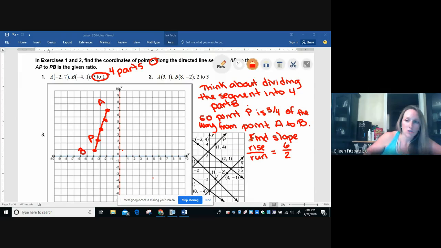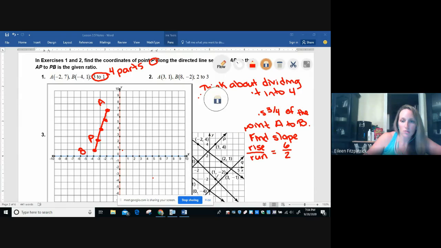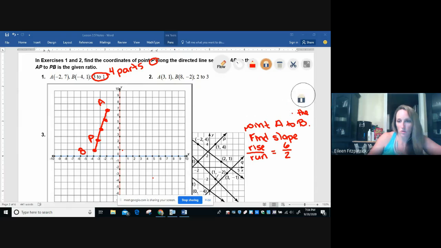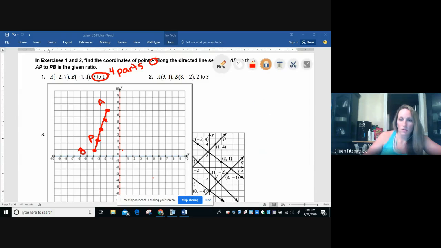But what you want to do, let me erase some of this so I have more room. Remember that slope of 6 over 2.